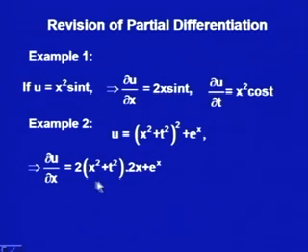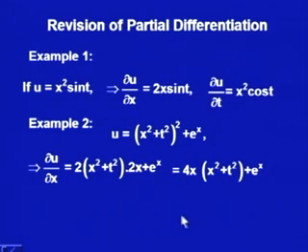So, 2 times x square plus t square, and then the derivative of this is 2x because t is treated as a constant, plus the derivative of e to the power x with respect to x, which is e to the power x. So, finally we get 4 times x into x square plus t square, plus e to the power x. Now, take the derivative with respect to t and treat x as a constant.